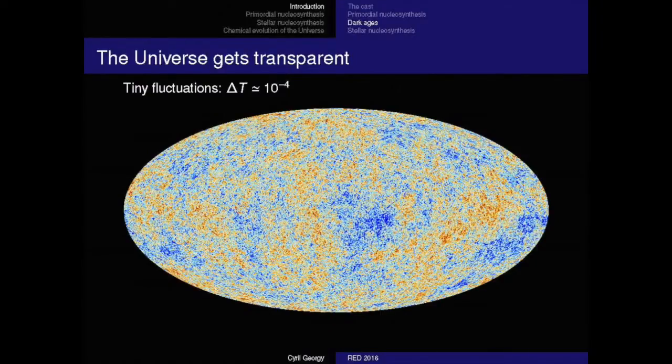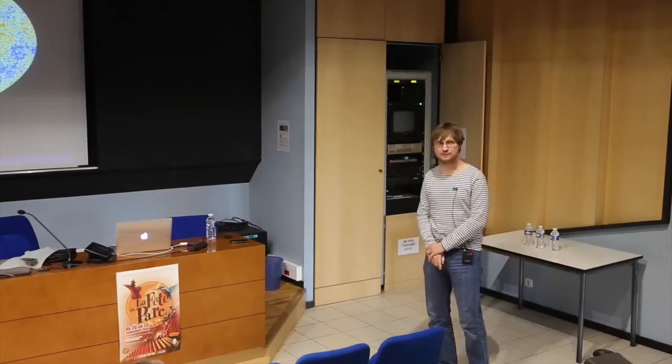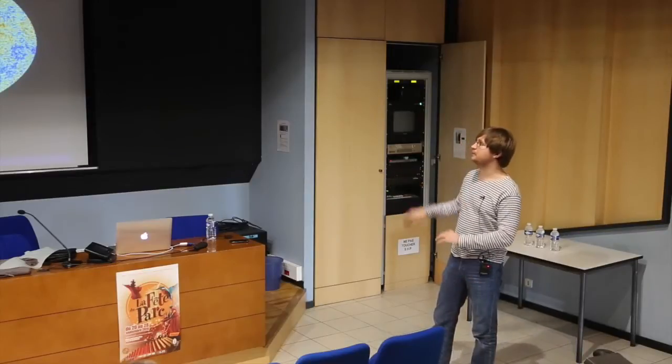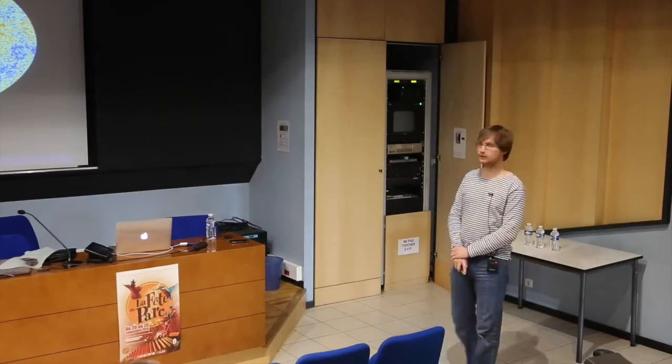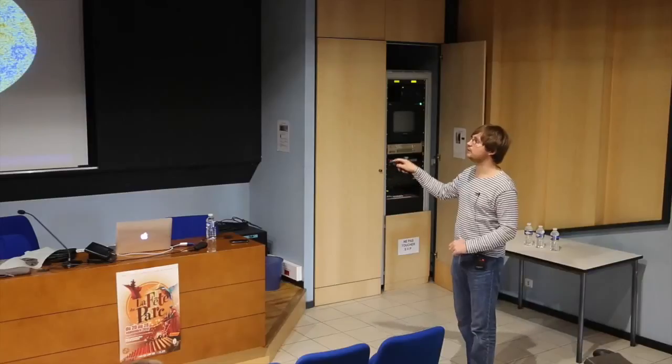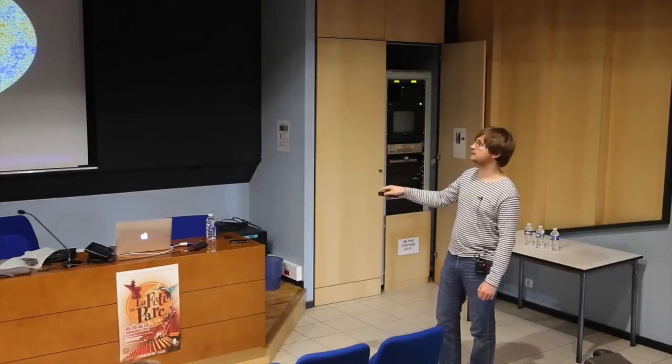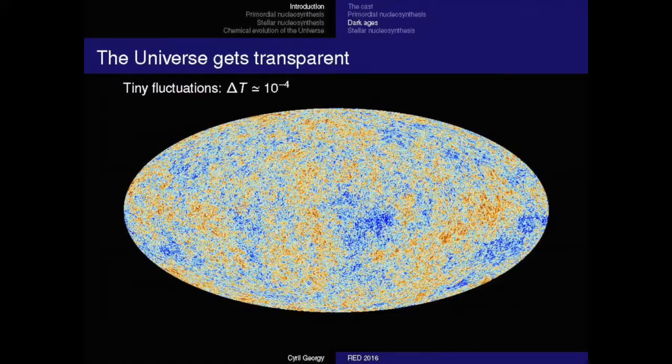So what happened then? The universe gets transparent at this CMB emission, roughly 400,000 years after the time zero, if you want. What is shown here is a map of the temperature of the CMB. This is a map of the full sky. So you have to imagine that this kind of ellipse is surrounding you everywhere. And the color map indicates the temperature.